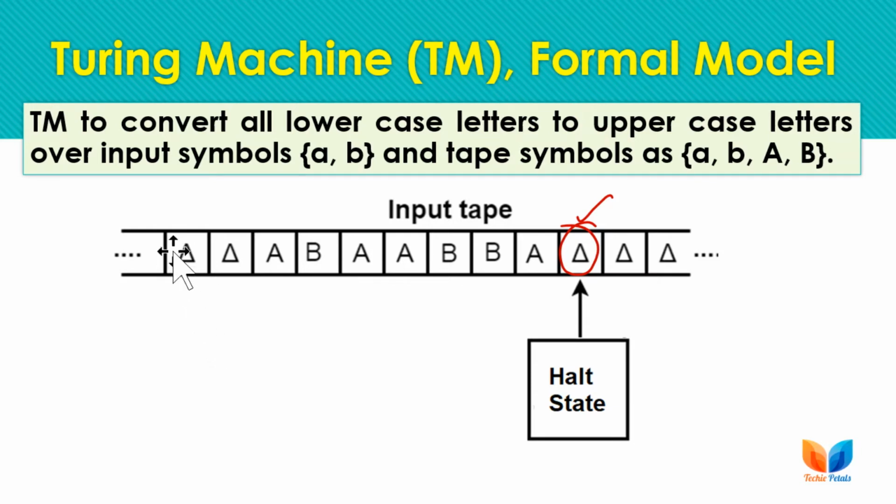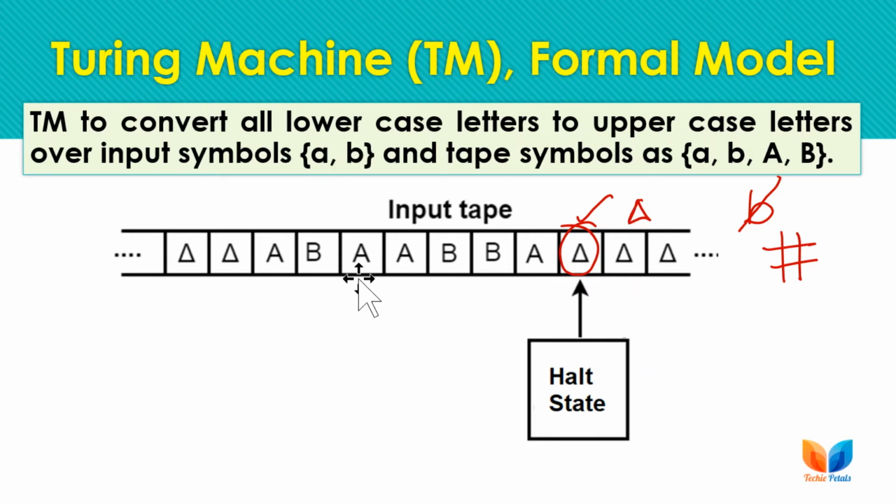Before any input symbol and after any input symbol, we have blank symbols on the tape. In some books you will find a different notation for the blank symbol, or a hash, but here we are using this symbol to represent the blank. You can use any notation.